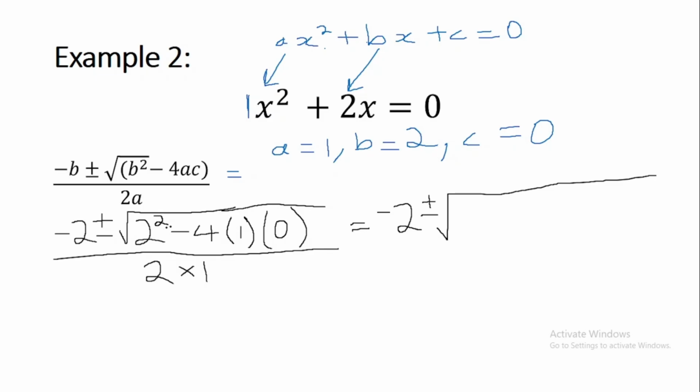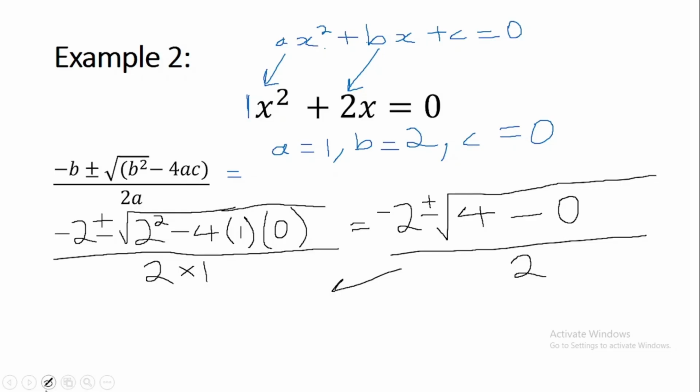So 2 squared is just 2 times 2, and 2 times 2 is 4, minus 4 times 1, which is 4, but 4 times 0, anything multiplied by 0, is going to be 0, all over 2 times a, which is 1, so 2 times 1 is going to be 2. Alright, so we will end up with basically just the square root of 4. So let's continue.